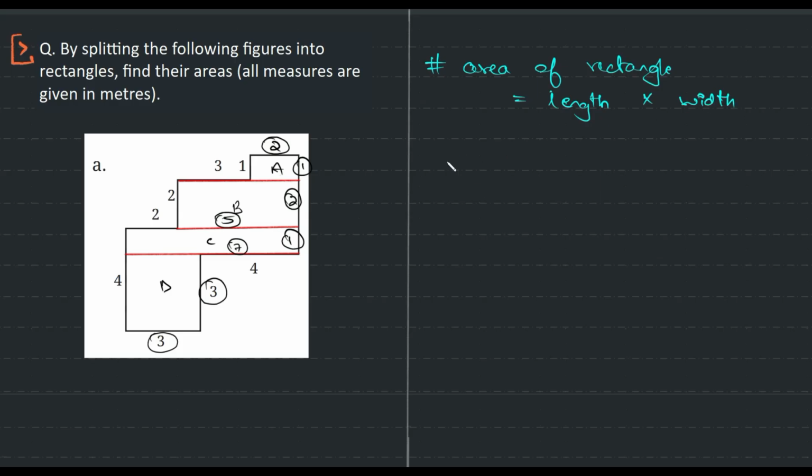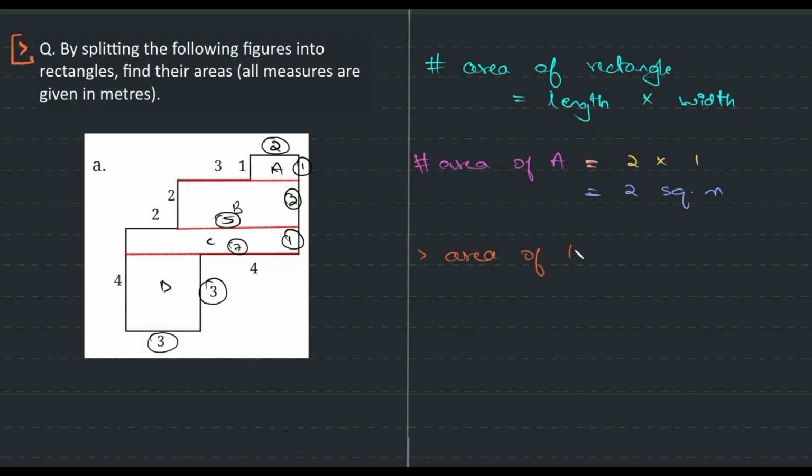Length into width. Now, area of A, let me start with A. Length over here is 2 into 1. So this is 2 square meter.